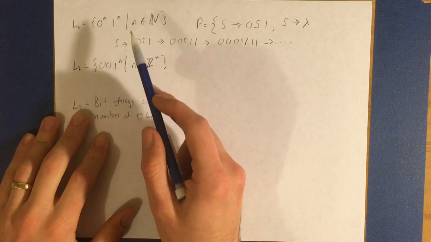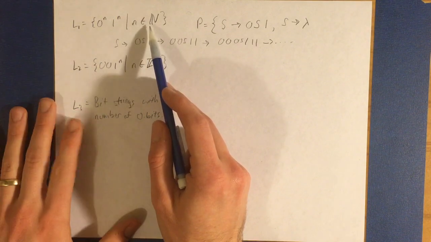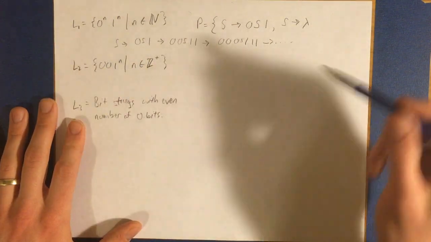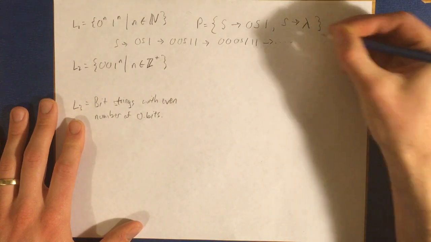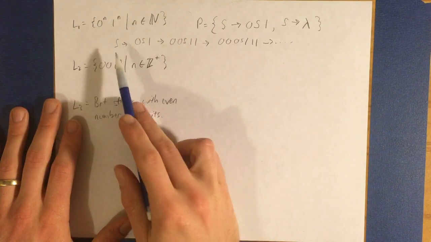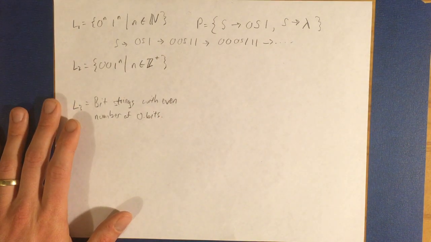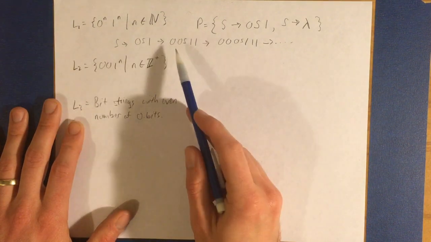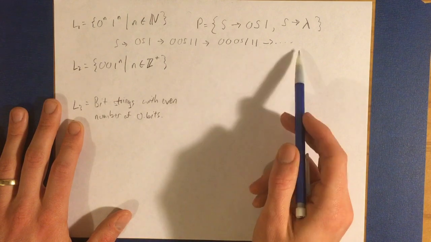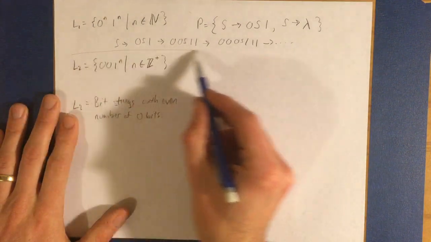Since I'm letting n be any natural number, which includes 0, lambda is something we want in the language. So at any point along this process, I can replace the S with lambda, and then the process ends. Lambda itself is a possibility, as well as 01, 0011, and so on. In this case I want lambda, but as you'll see in the next example, it's going to be a little bit different.